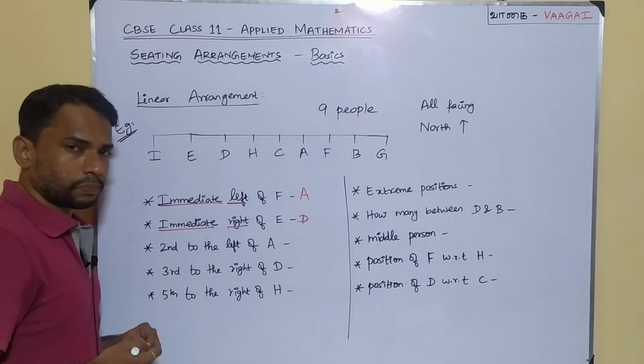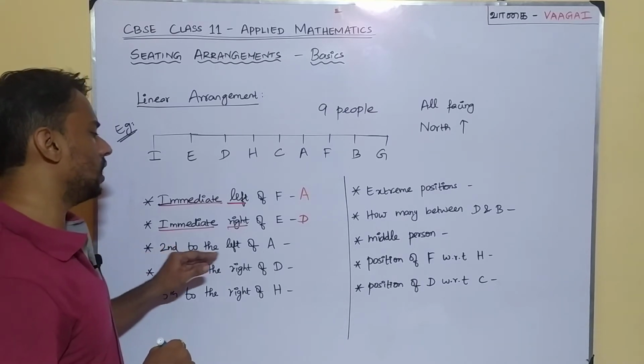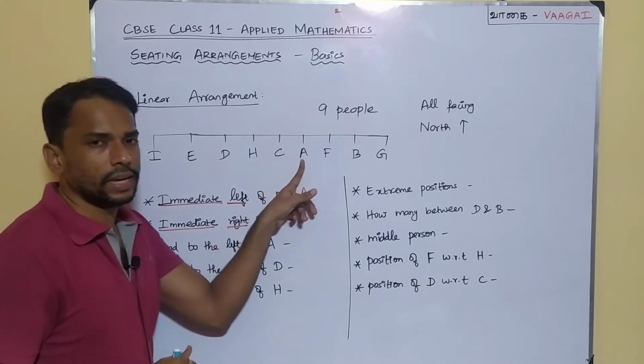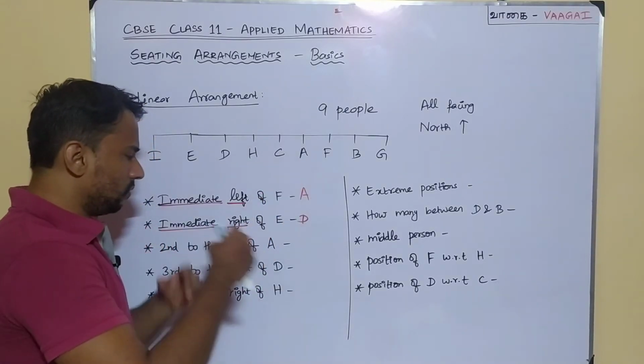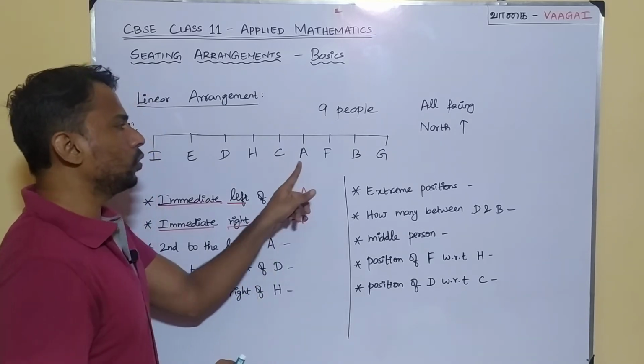And next, question number 3. Who is sitting second to the left of A? They are asking the second left of A. So come to A, which is here. With reference to A only they are asking this question, so we have to come to A's position.